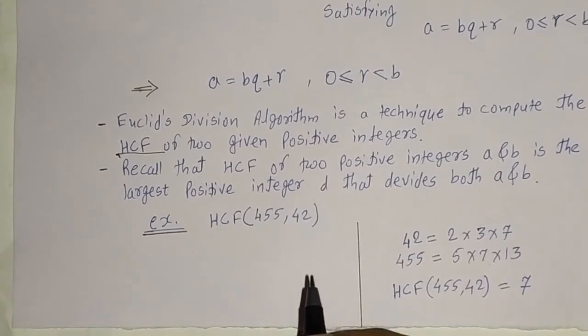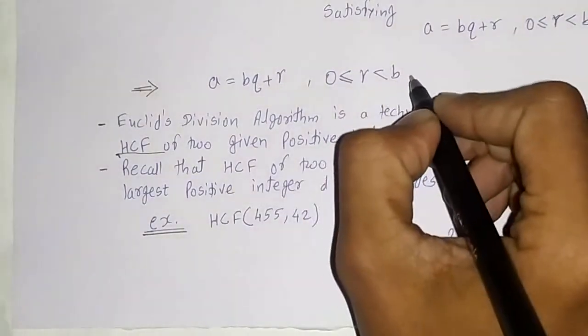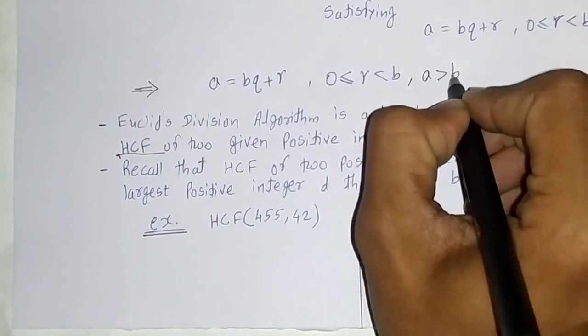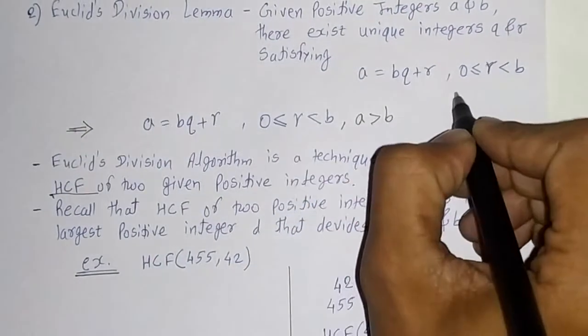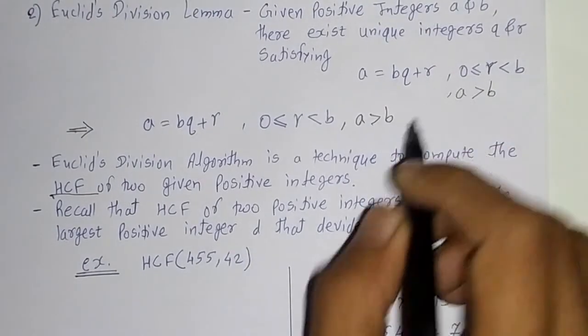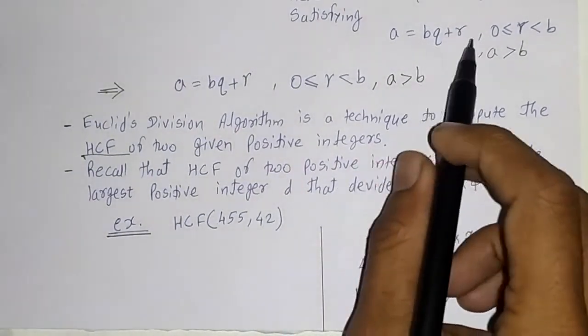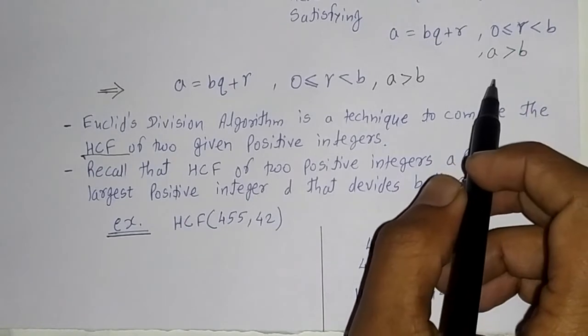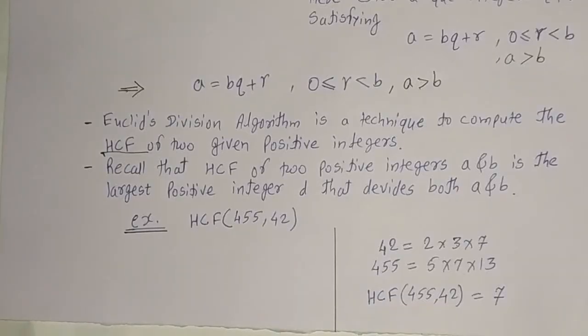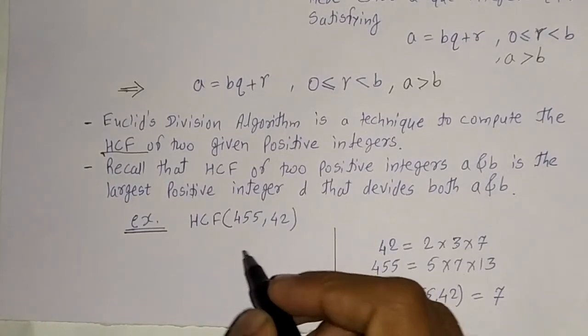So value of A has to be greater than B. One most important thing here is A has to be greater than B. These two conditions should be met: 0 is less than or equal to R less than B, and A should be greater than B. Once you apply this theorem to the practical examples, then you will understand this concept more easily.